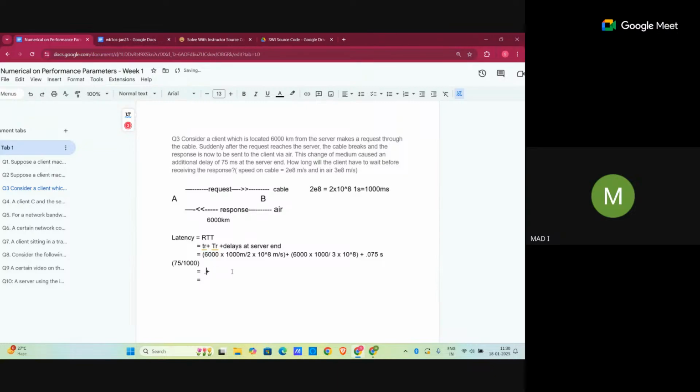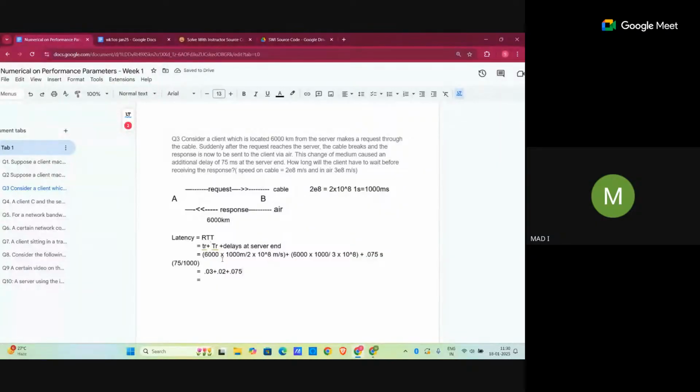So this is equal to 0.03 plus 0.02 plus 0.075.